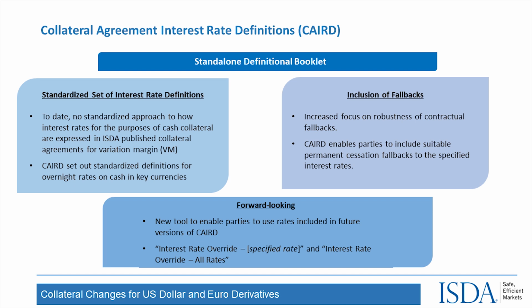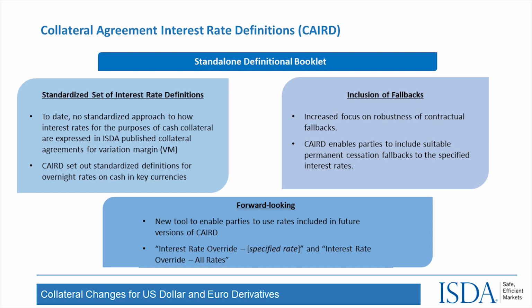Historically, parties to collateral agreements either took the floating rate options from interest rate definitions and tried to shoehorn them in, probably with varying degrees of success, or they had to individually draft their own definition of interest rates. That's made amending collateral agreements more challenging over the years, because to produce a standardized amendment agreement or a protocol, it's helpful if the text being amended is also standardized. The collateral agreement interest rate definitions therefore set out standardized definitions for many of the overnight rates of cash collateral in key currencies.